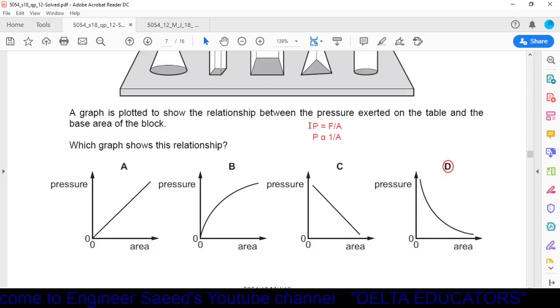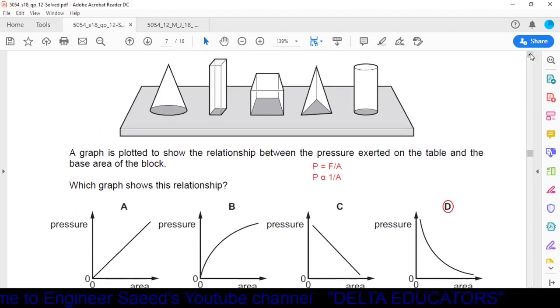Okay, pressure is given as force over area. Now, if the same force is applied on all the objects, then we can say that pressure will be inversely proportional to the base area. If we plot a graph between two quantities that are inversely proportional to each other, the graph will be a curve.